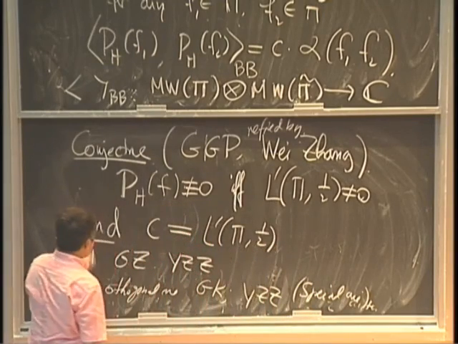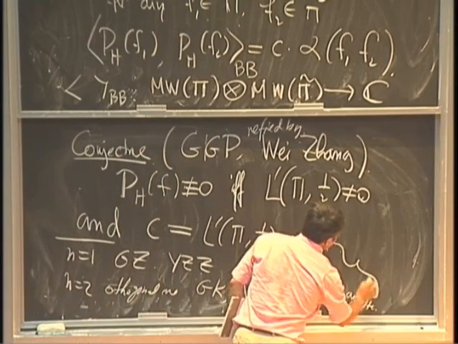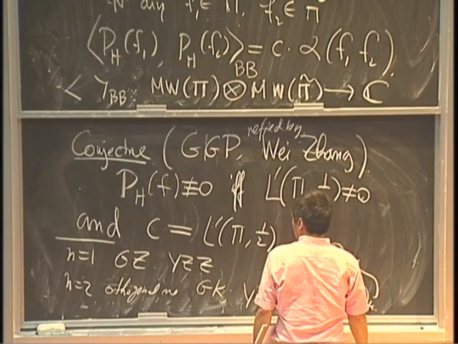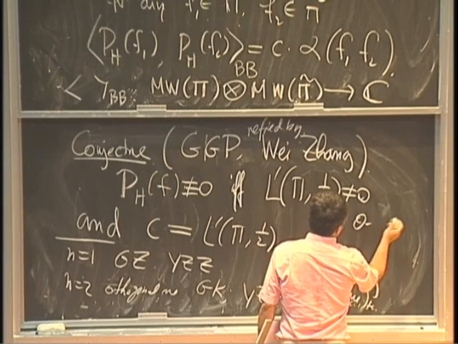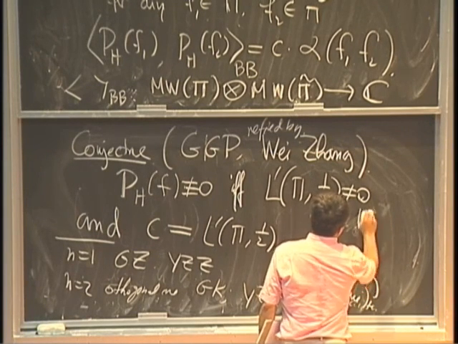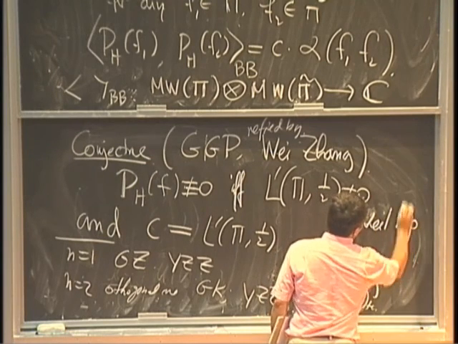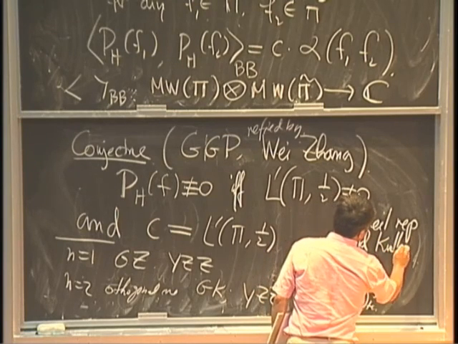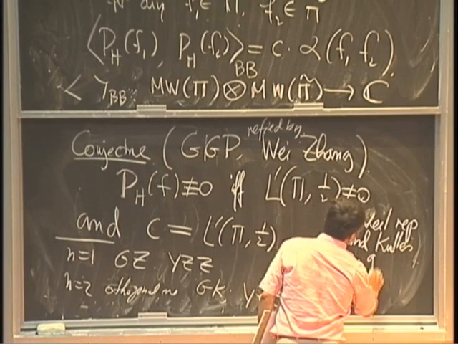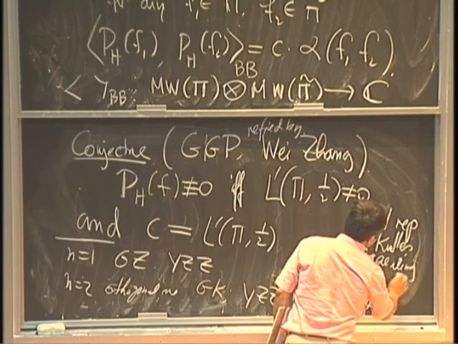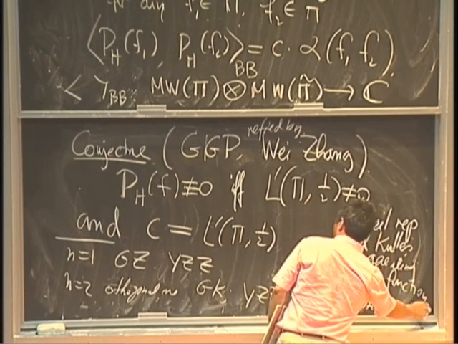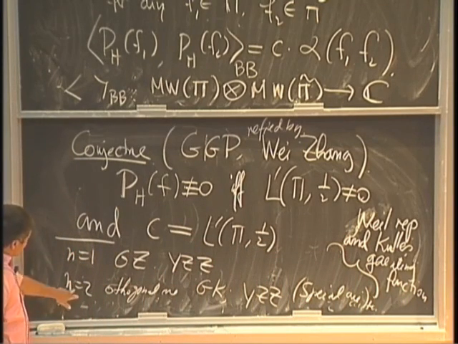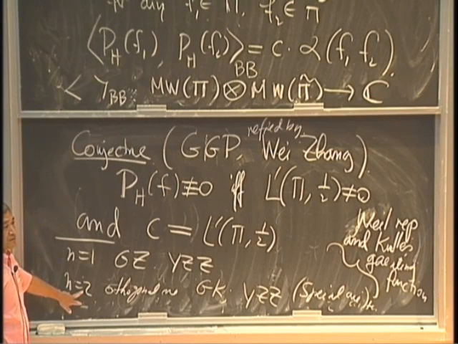And the method to prove this thing uses this Kudla's generating function, a theta series. Use Weil representation. And the Kudla's generating function. And in other cases, I guess probably in orthogonal case n equals 2, the Weil representation still works.